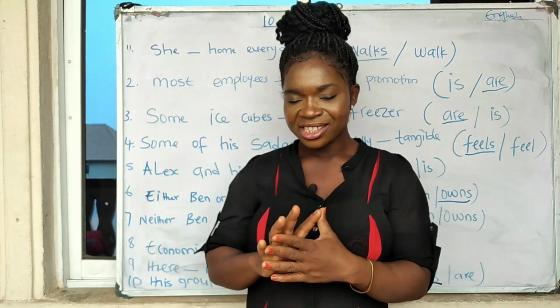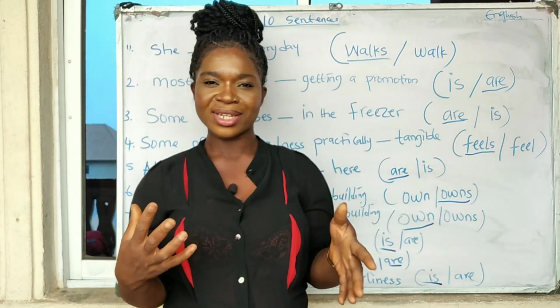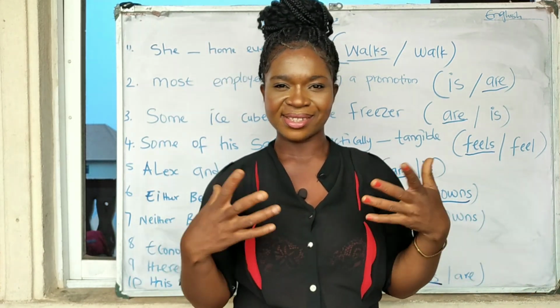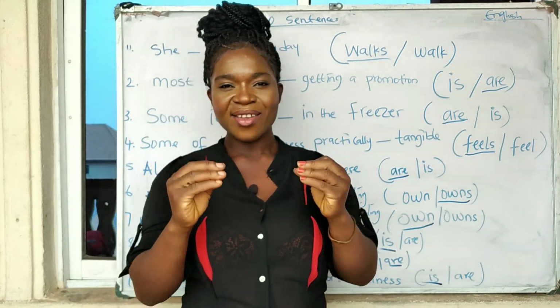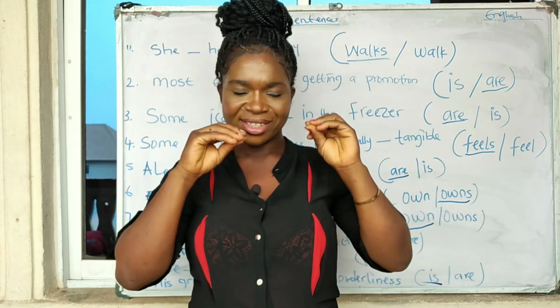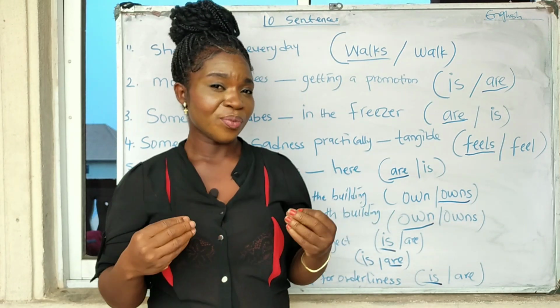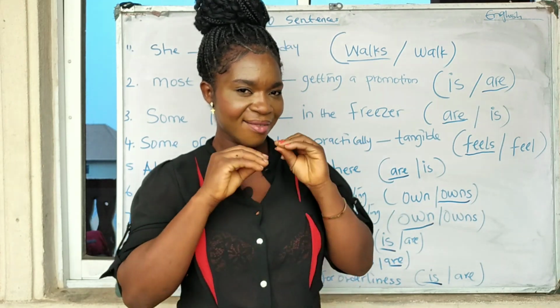So let's proceed. We have units of measurement for time, money, weight, distance. If the unit of any of these measurements is the subject of a sentence, it is considered singular, and for that reason it's going to go with a singular verb.